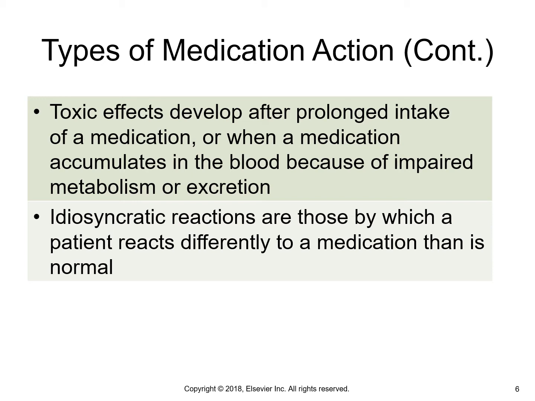For example, an opiate, which would be something like morphine for pain relief, could depress the person's respiratory drive and keep them from breathing often enough or deeply enough. Okay, so a toxic effect.